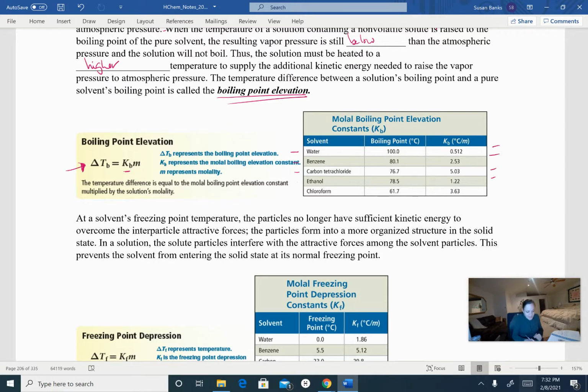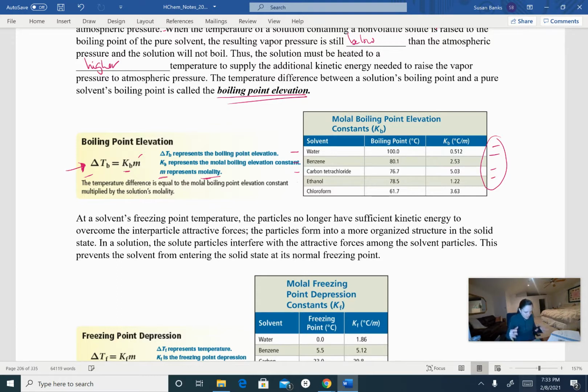Okay, times the molality. Remember, little m is molality. So we have to calculate molality and we have to multiply by the specific constant of our solvent to get just the change. And then we have to add that change to the normal boiling point of that solvent.